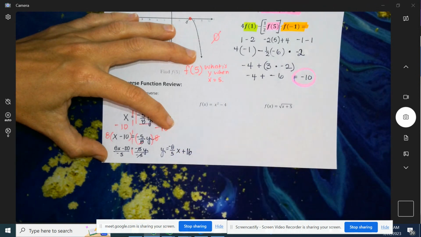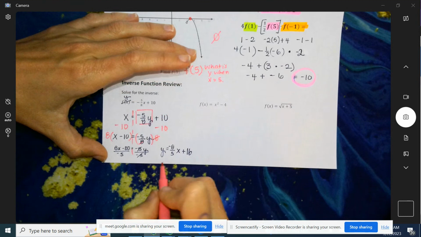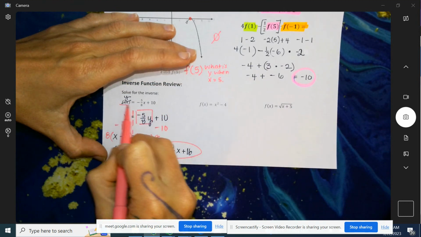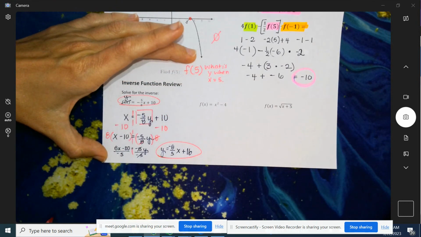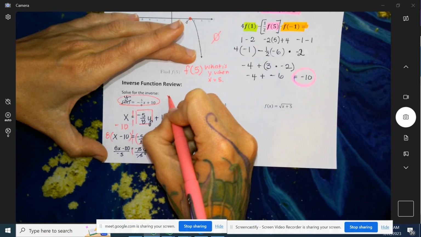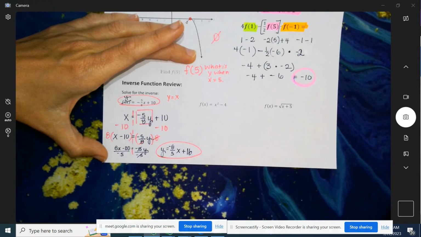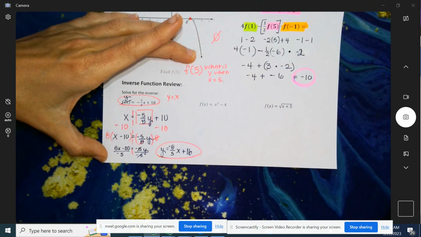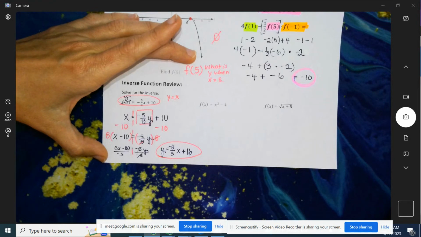Beautiful. 16. This should be the inverse of this function. Again, if you put these in Desmos, they should reflect over y equals x perfectly, like match identically. Their tables, their x and y values, should flip from one to the other if you compare their tables.